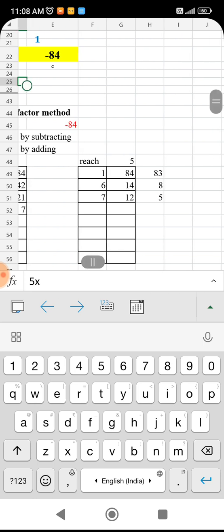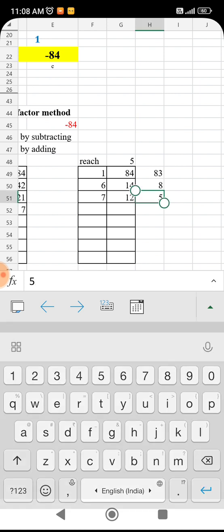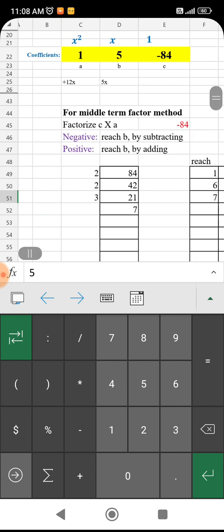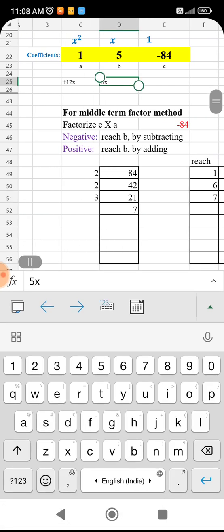We reach 5 by subtracting, which means opposite sign. It is plus, so it will be minus.